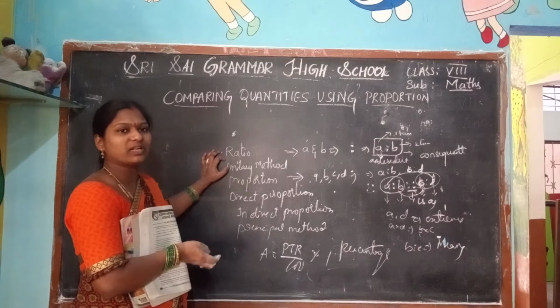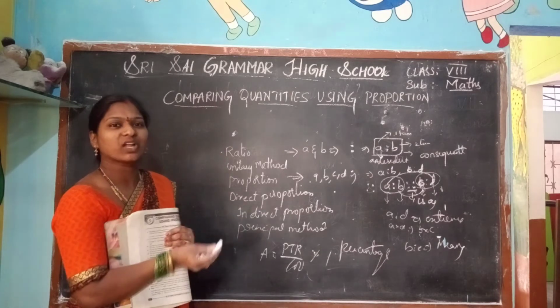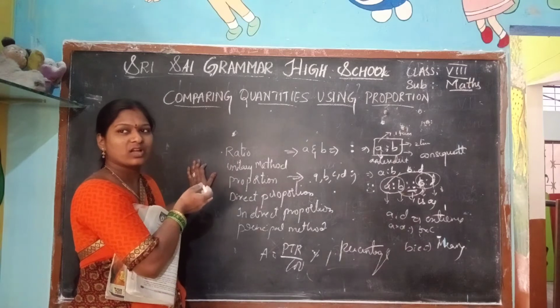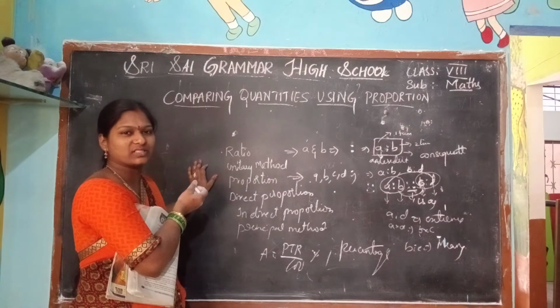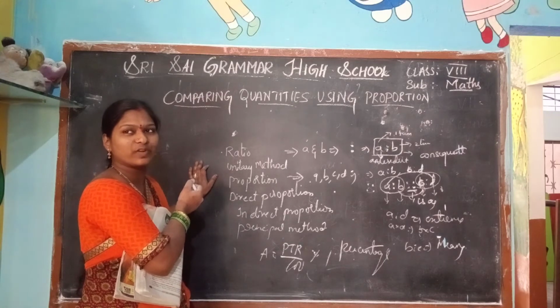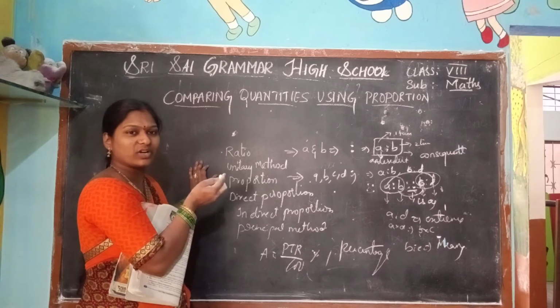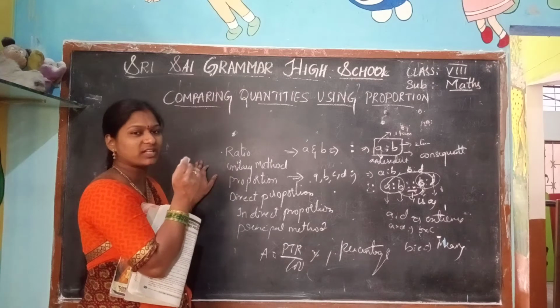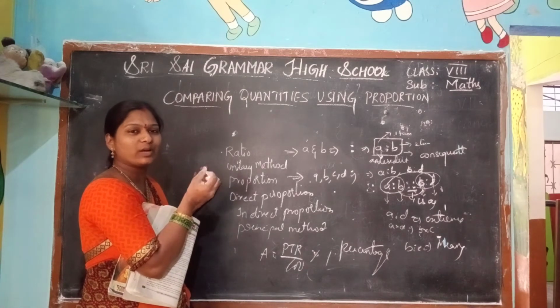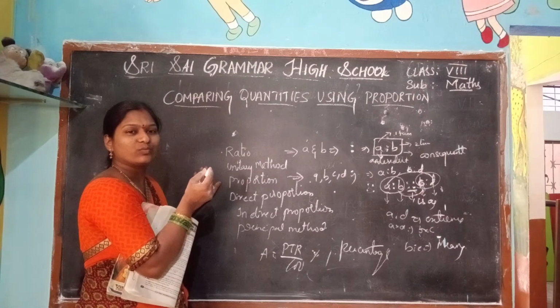For example, if 12 pens cost 360, then to know the cost of 12 pens, what is the value?